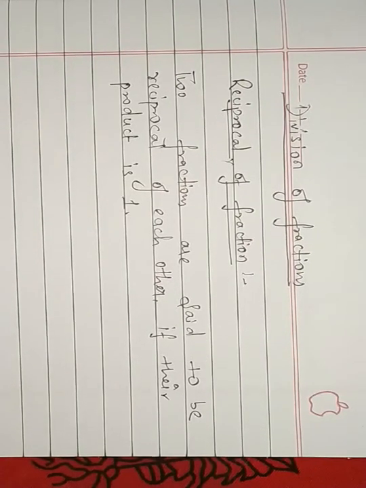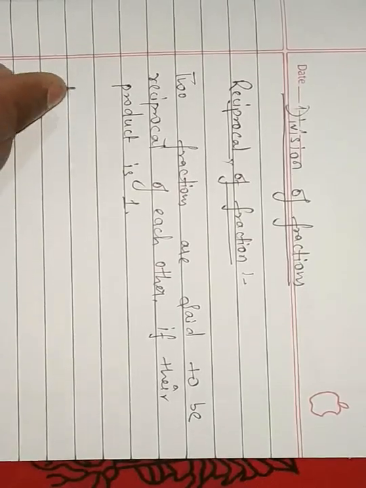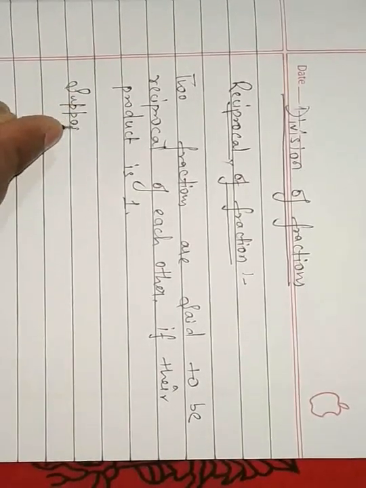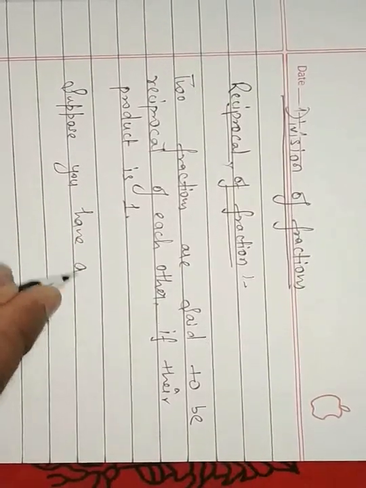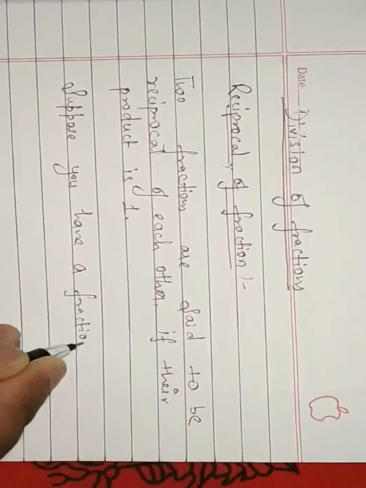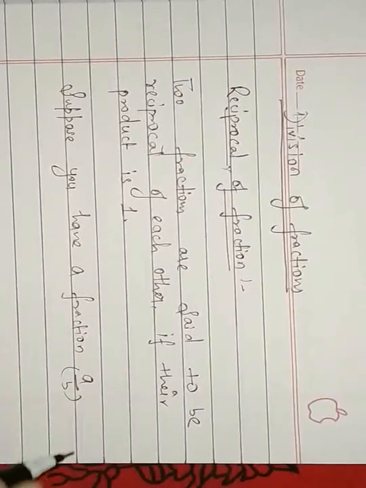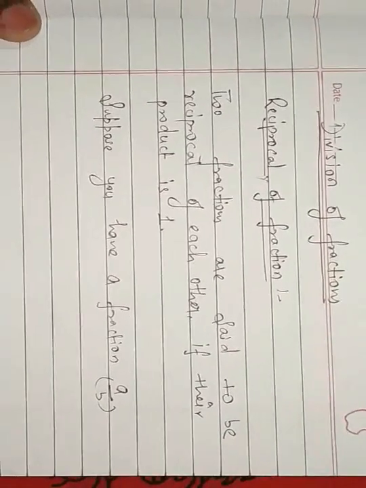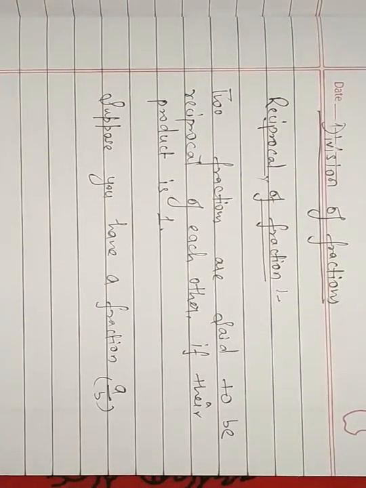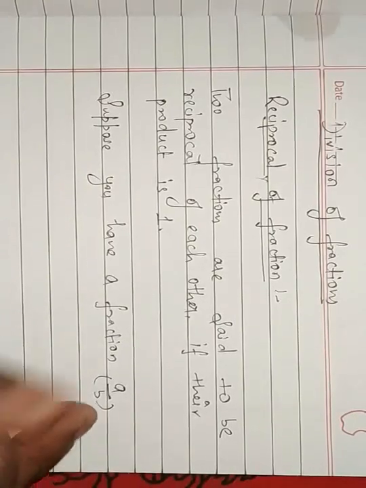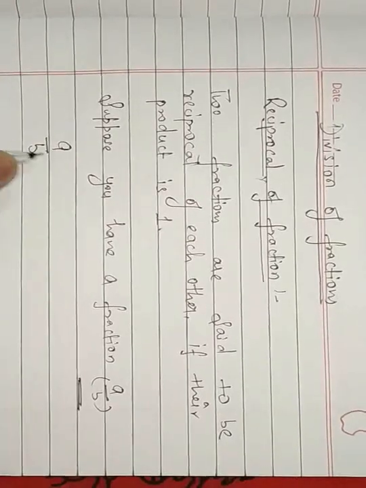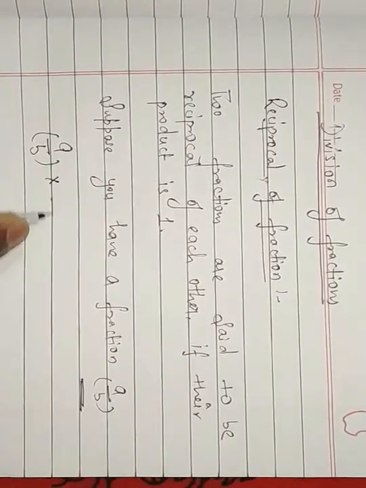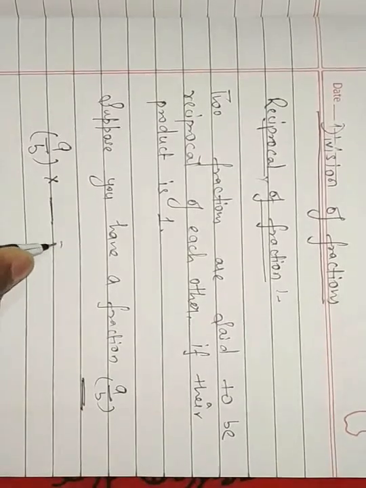What does this mean? Suppose you have a fraction a upon b, or a by b. Then what is the reciprocal of this fraction? The reciprocal of a by b is the number with which, if we multiply it, we get 1.